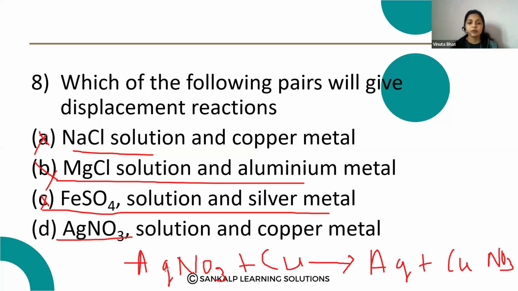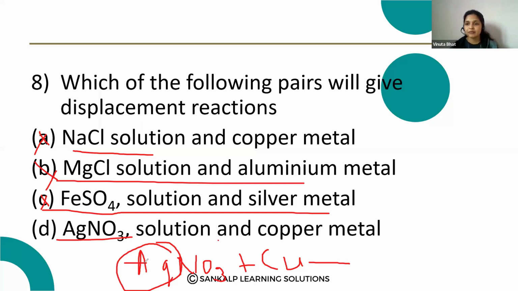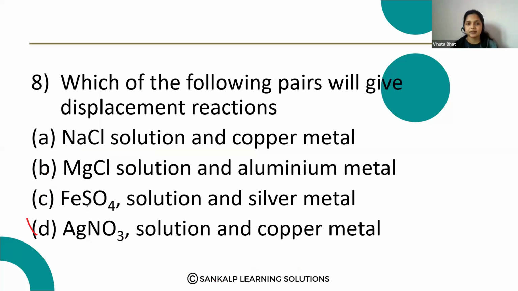Copper nitrate will be formed, and silver is displaced, so this is the displacement reaction. What is the reason behind this? Copper has more reactivity than silver, so the displacement of silver takes place. That is the correct answer, option D. Please note down the answer.